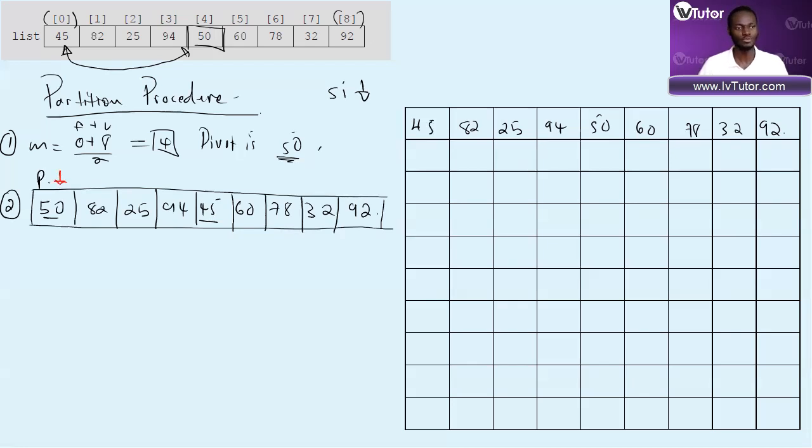So what is this small index item? What is this variable small index? So small index is a variable that is pointing at the last item in this collection that you found, which is less than the pivot. What do I mean? We are going to start looping, starting from the second item.